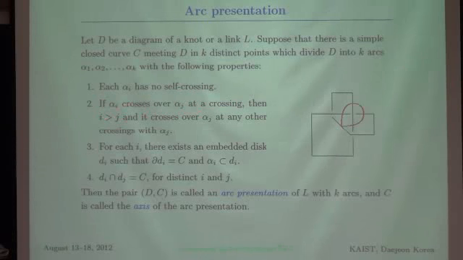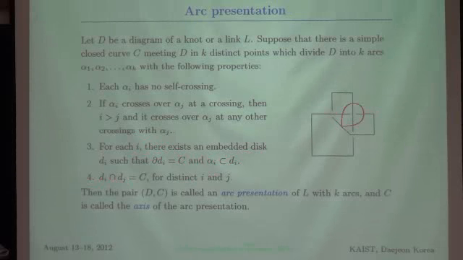Also, if alpha i crosses alpha j at another point, then it's also an overcrossing. So alpha i stays over. If it is over at one point, then it's over at every other point. And for each i, there exists an embedded disk d_i, whose boundary is this closed curve C, and the ith arc alpha i is on this disk.